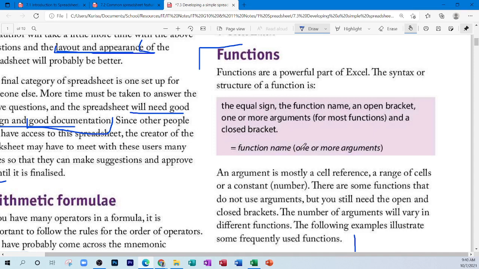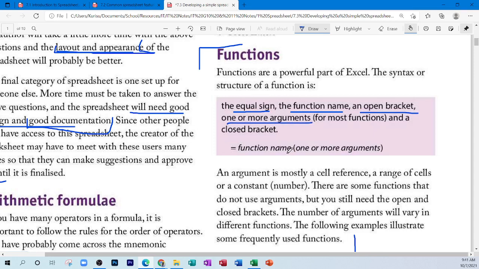Great. So here we have the general structure of a function. It always starts with an equal sign, just like a formula. The name of the function is always going to come after the equal sign, and then you're going to always open a bracket after the name of the function. Inside of the bracket, you put arguments based on the structure.